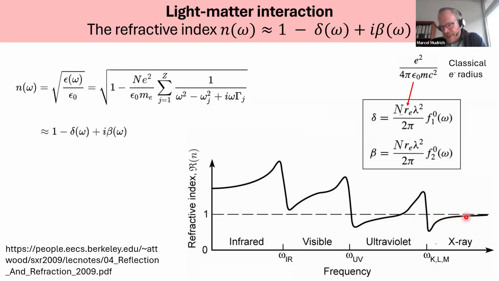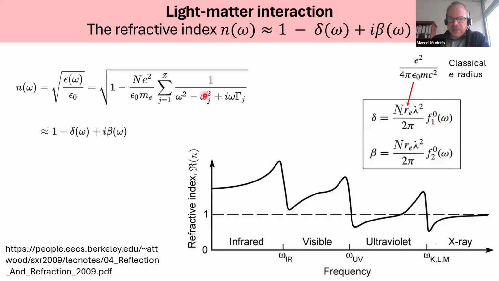So this already tells us that, for example, building a lens with a short focal length that sharply focuses light will be very hard to build in the X-ray, because the index of refraction is so close to vacuum, so close to 1. And then we have what are called atomic scattering factors, f1, f2.